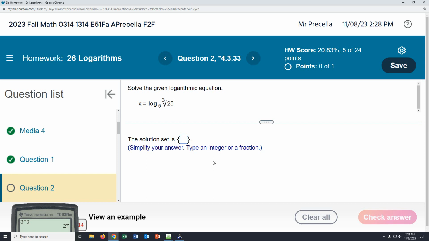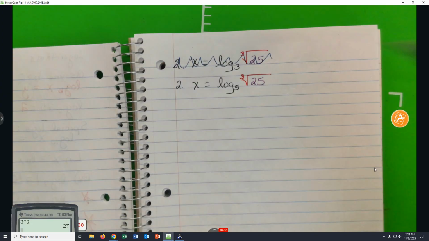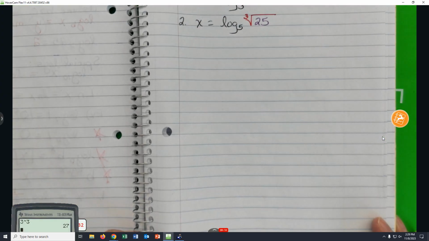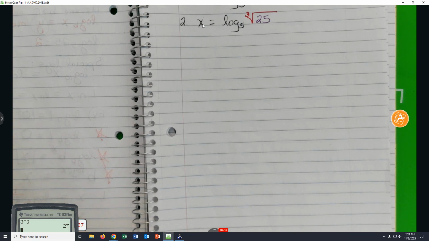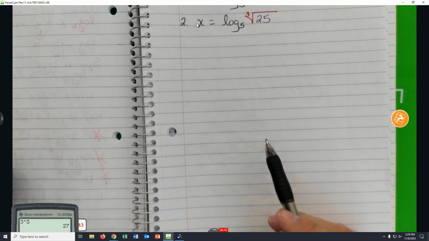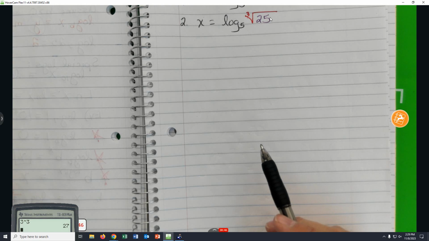I miscopied. Okay, I'll do that to cover it up. Realize what it's really asking is 5 to what power gives you the cube root of 25. What exponent do you put on 5 to give you the cube root of 25?